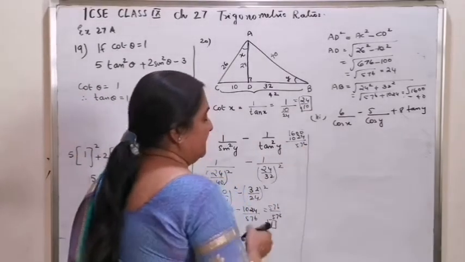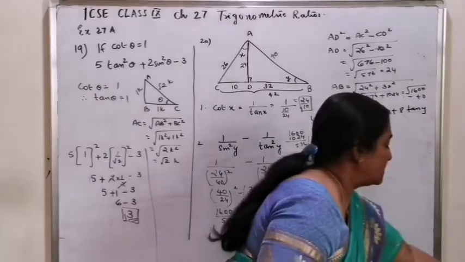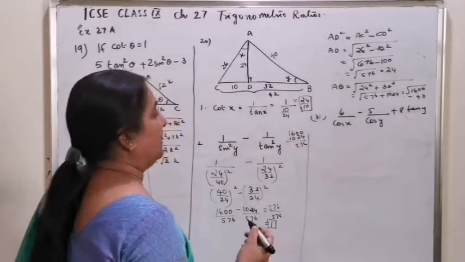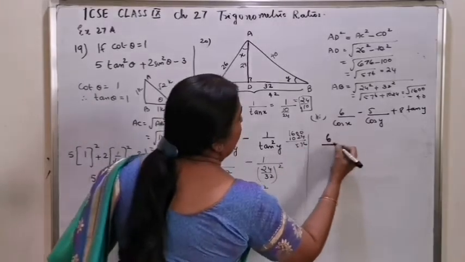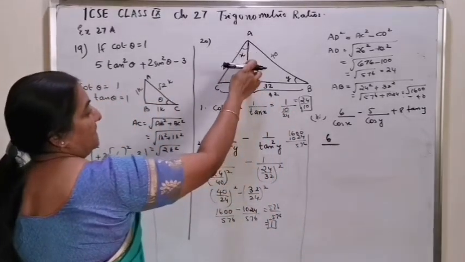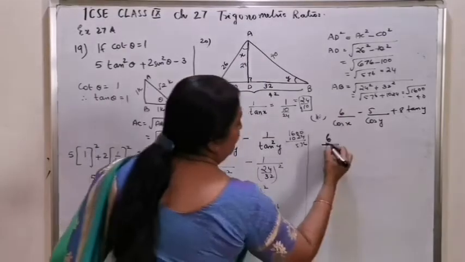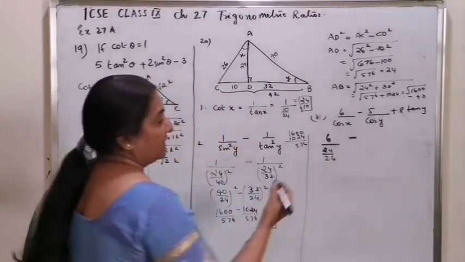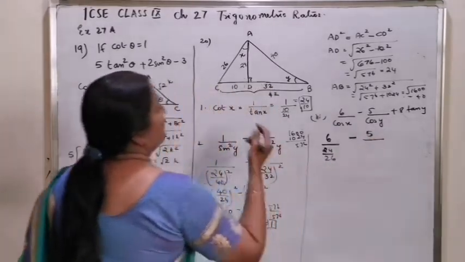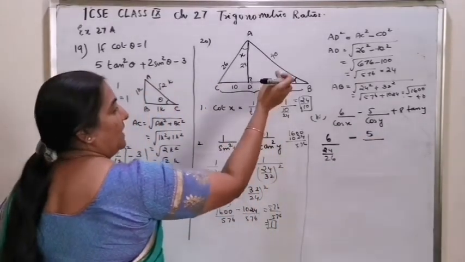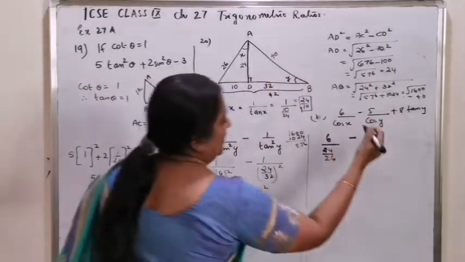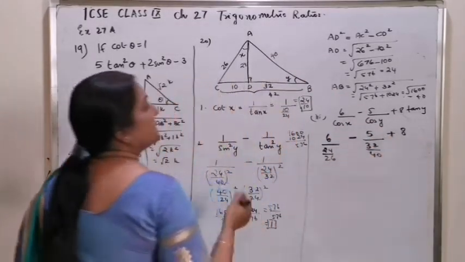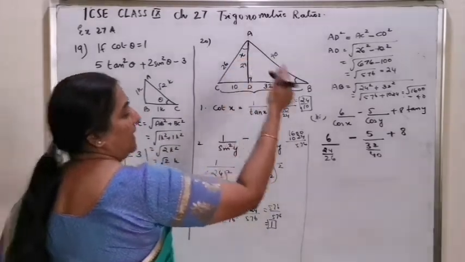The third subdivision, 6 by cos x minus 5 by cos y plus 8 tan y. 6 divided by cos x, where cos x is base by hypotenuse, that is 24 by 26, minus 5 divided by cos y. Cos y is 32 by 40, plus 8 tan y. Tan y is 24 by 32.